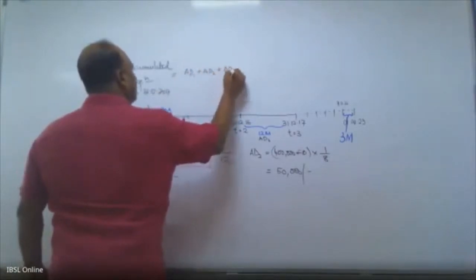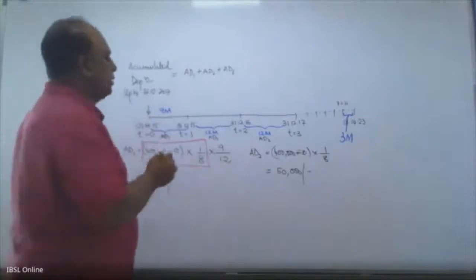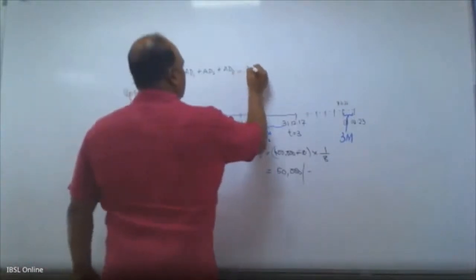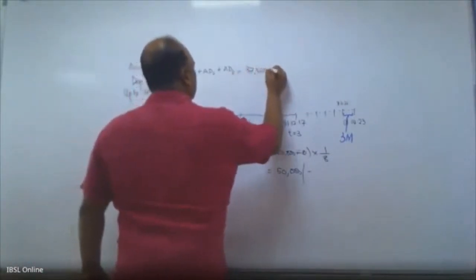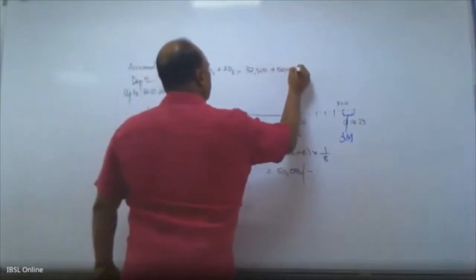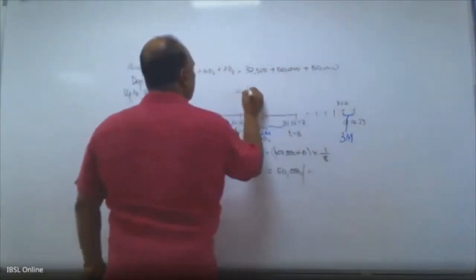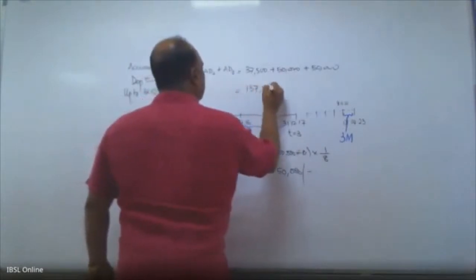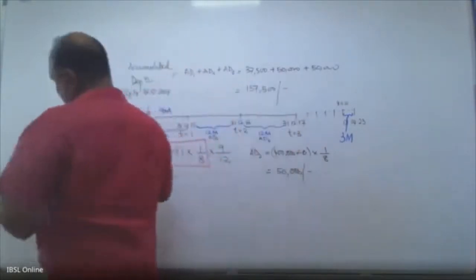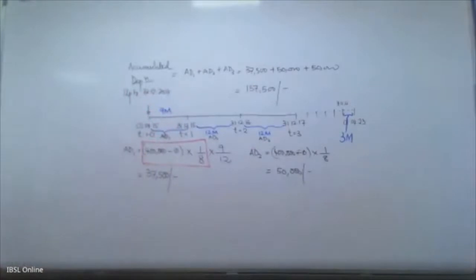So which means 37,500 plus 50 plus 50, which gives you 137,500. Is that understood? Is it clear? Have you all understood that, please? Yes, sir. Right.